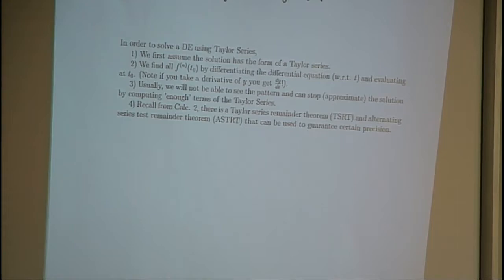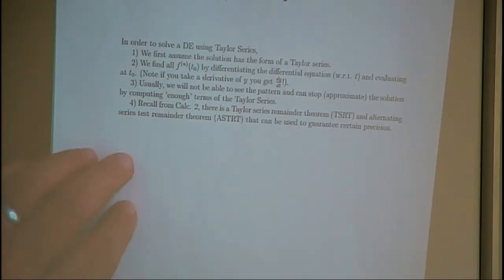And fourthly, remember from Calc 2 that there's remainder theorems that you can use to your advantage. There's the Taylor series remainder theorem, and there's the alternating series test remainder theorem. These remainder theorems can be useful if you're trying to get some guaranteed precision with accuracy for your solution to your differential equation. Again, I'm not going to talk about that. That's a Calc 2 topic.